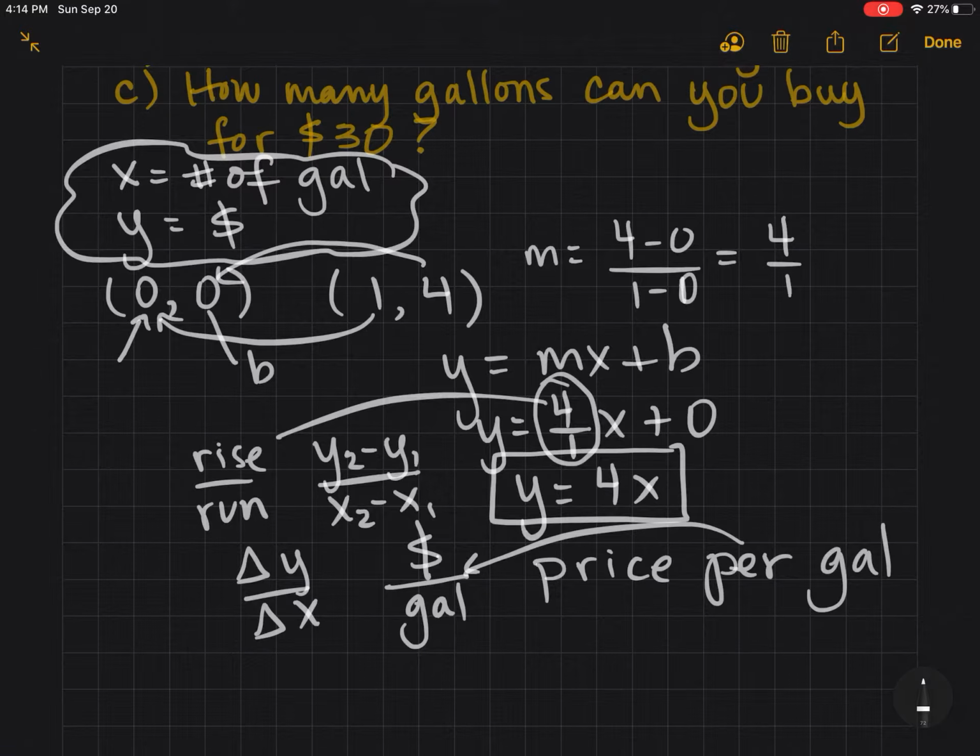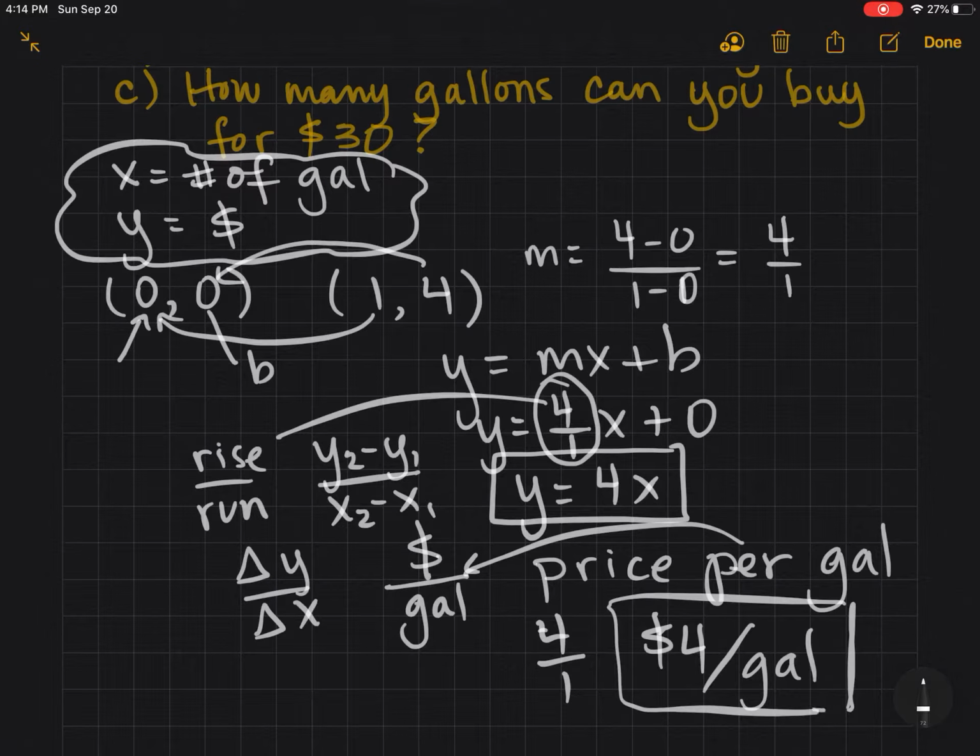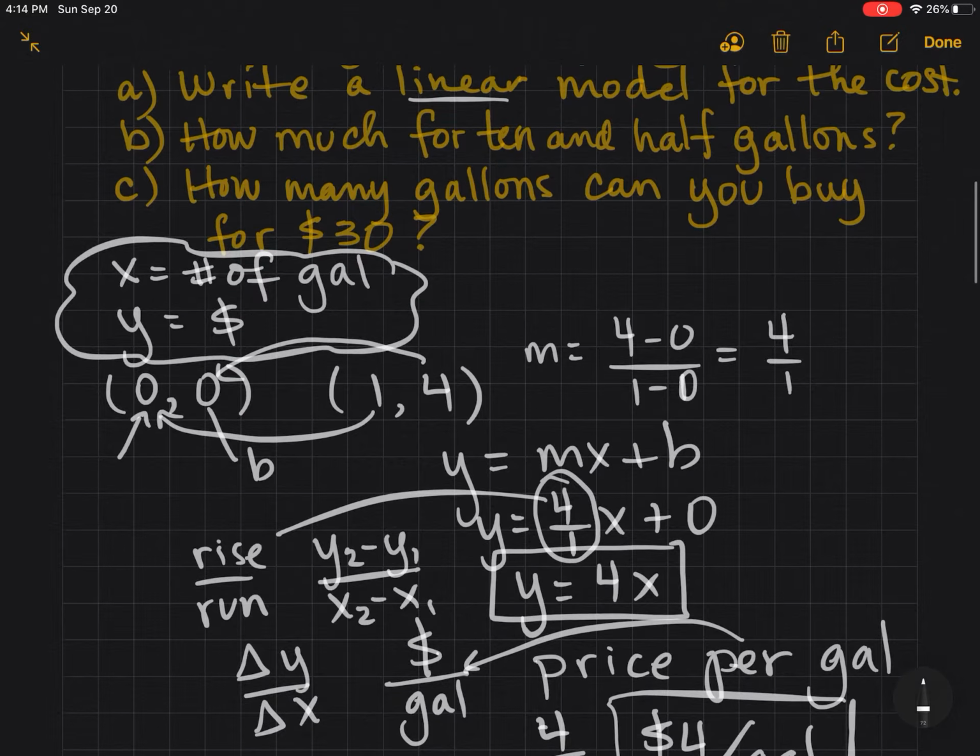Okay, so the slope is 4 over 1. So that's saying $4 per gallon. And it just makes sense. And we knew that from the beginning of the problem. So as we continue to work word problems, they'll get easier as you start to realize what the slope represents.